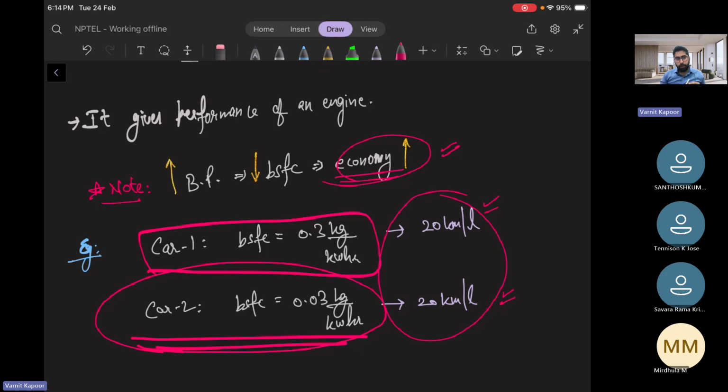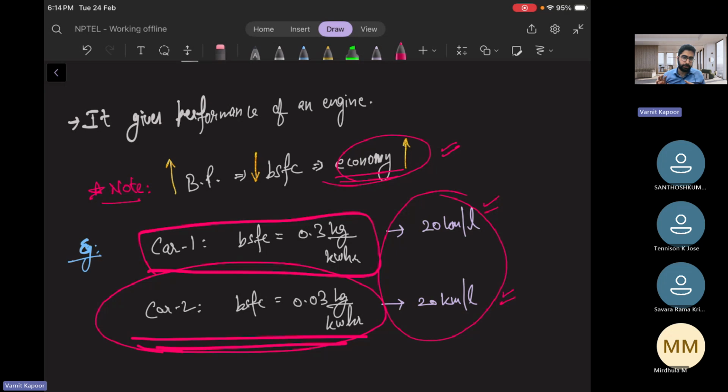To run such a big engine, you just need 0.03 kg per kilowatt hour of brake specific fuel consumption. Through the running of that engine, you are able to recharge your battery as well as run multiple electronic components of the system.